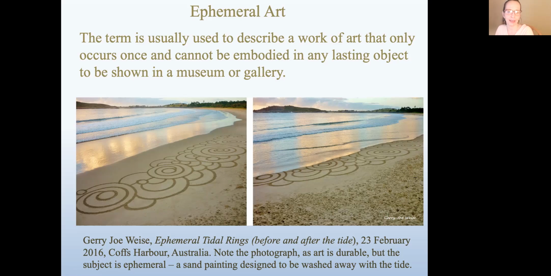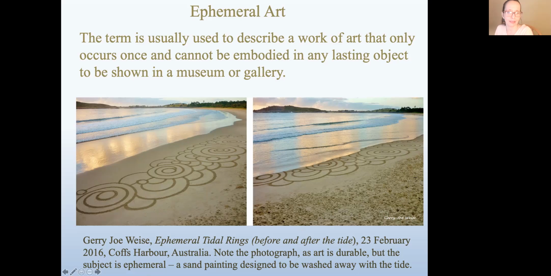Here we're looking at ephemeral tidal rings by an Australian artist. And the photographs, of course, with their beautiful reflection of a sunset in pastels, are durable. It's a photograph, and we certainly don't exclude photographs as art. And we will look at some photographs by Asian photographers later on in this class. But the sand paintings themselves, these tidal rings drawn in the sand, are ephemeral.